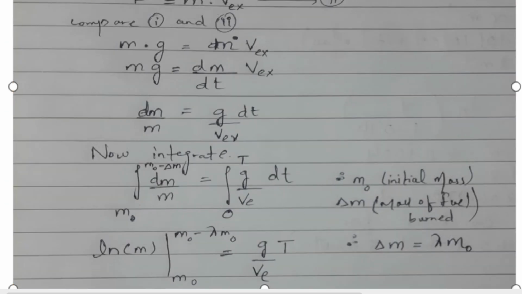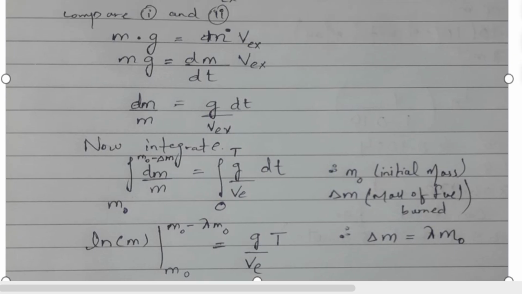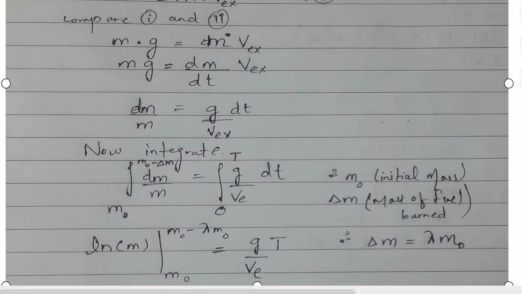Now you can see you have to integrate. After integrating you will get the value which we actually want. Here you can see this is M0, which is the initial mass, and delta M, which is the mass of the fuel burned.